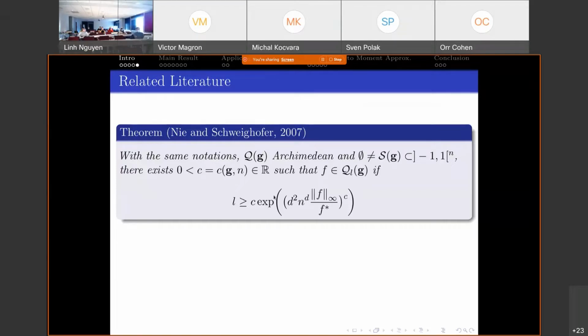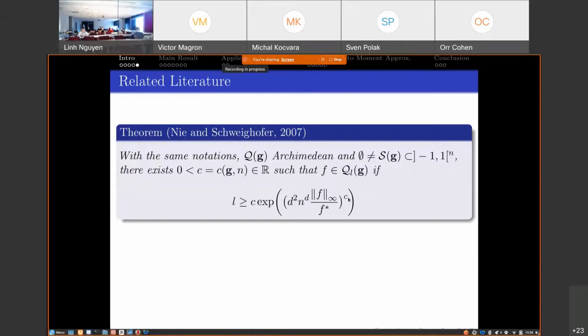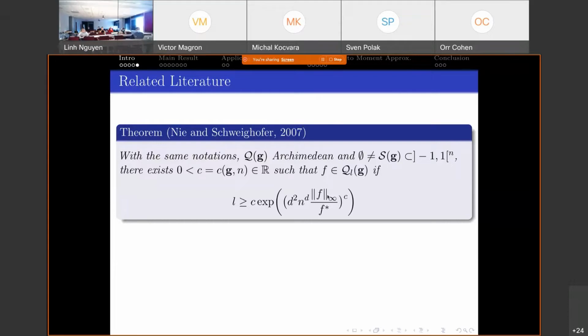So we will have exponential of epsilon of f to the power minus C. This norm is not a norm that we will use. It is another norm, but they are equivalent. It's not so important to go into these details.